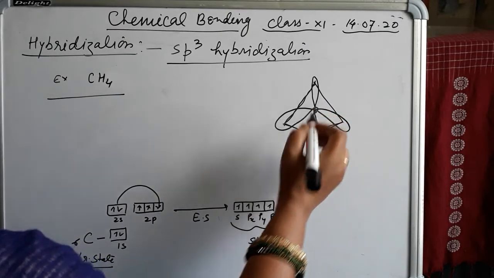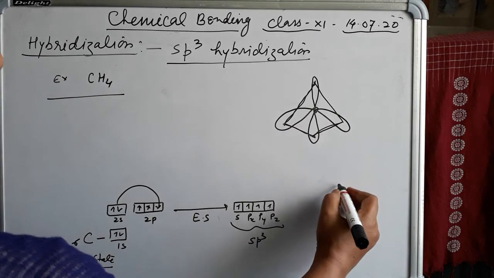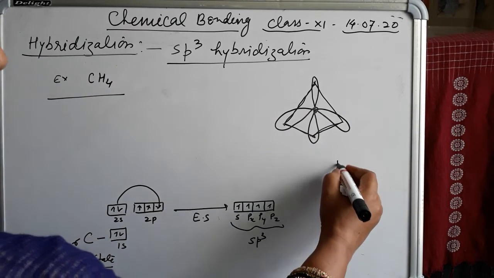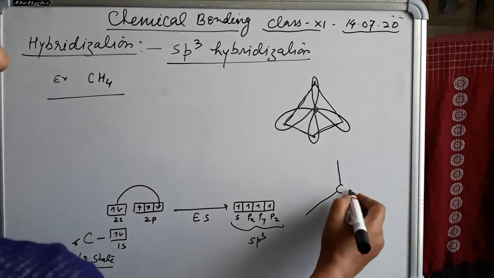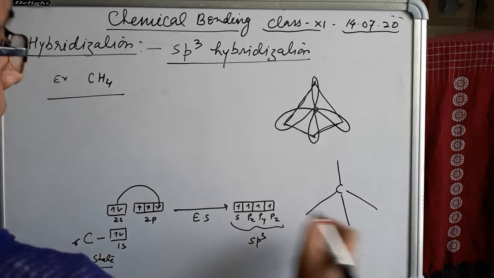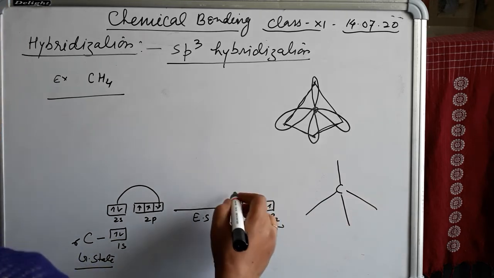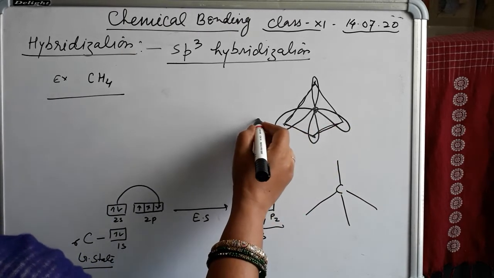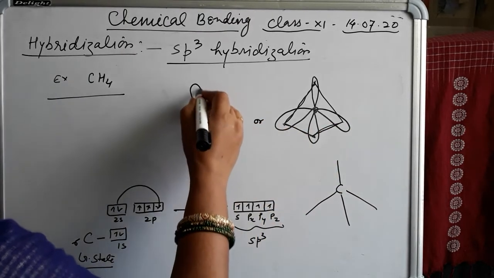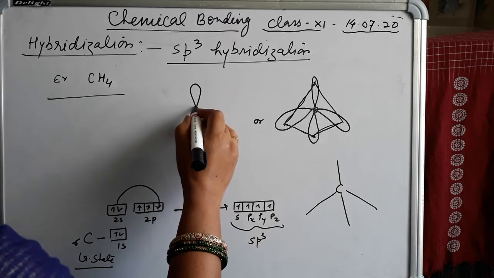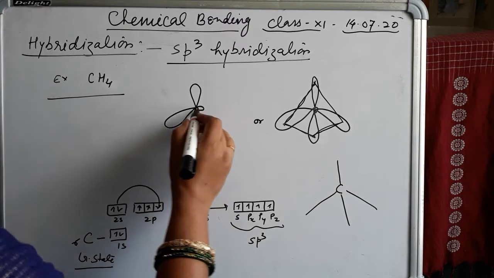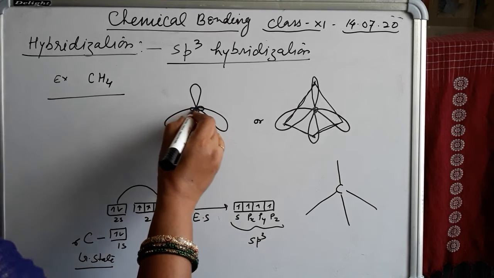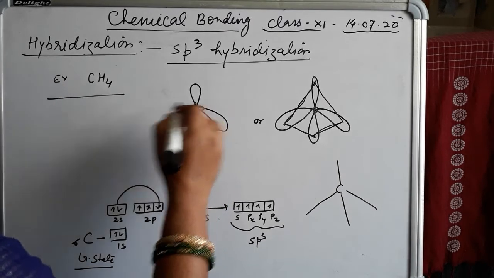Suppose this is the central element carbon; we draw the structure of the central element carbon and 4 hydrogens. So each contains 1, 2, 3 and 4.